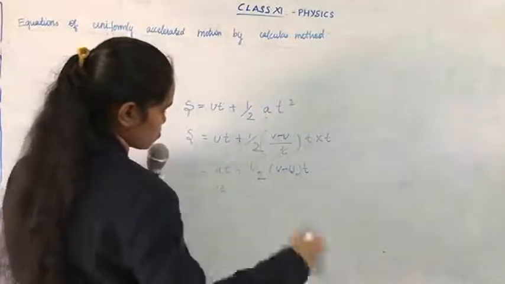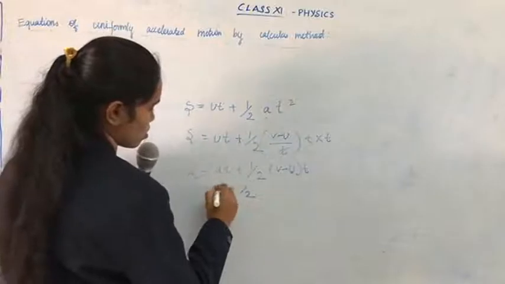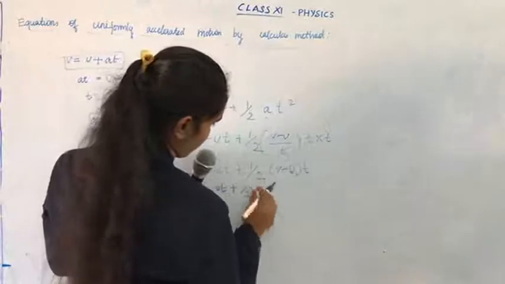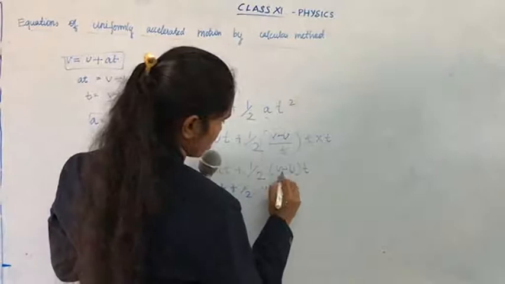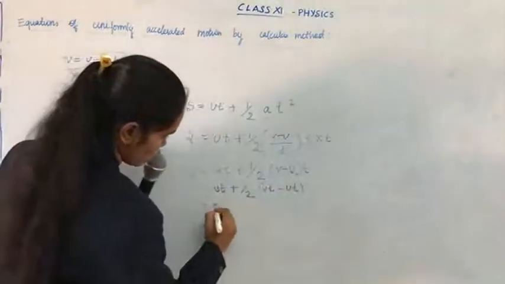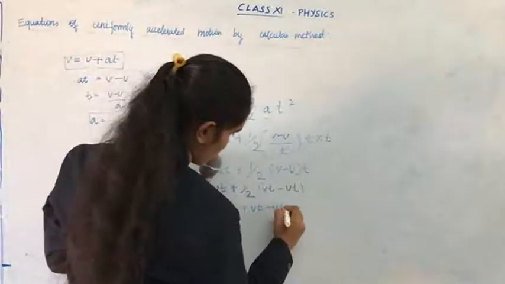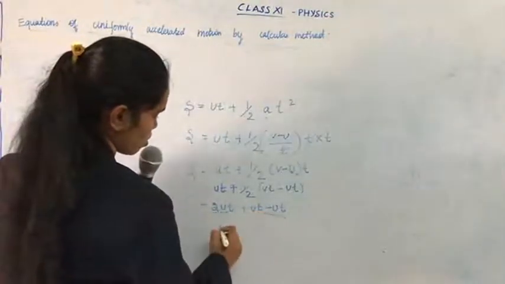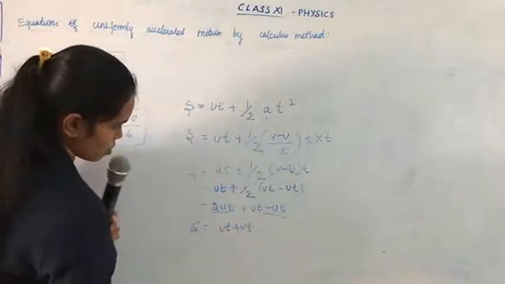Is it visible, children? What becomes here? v into t minus u into t. Take the LCM: 2ut plus vt minus ut. So 2ut minus ut is ut, plus vt.